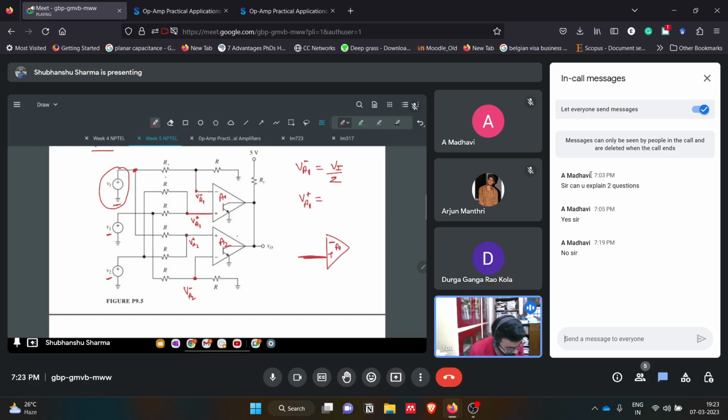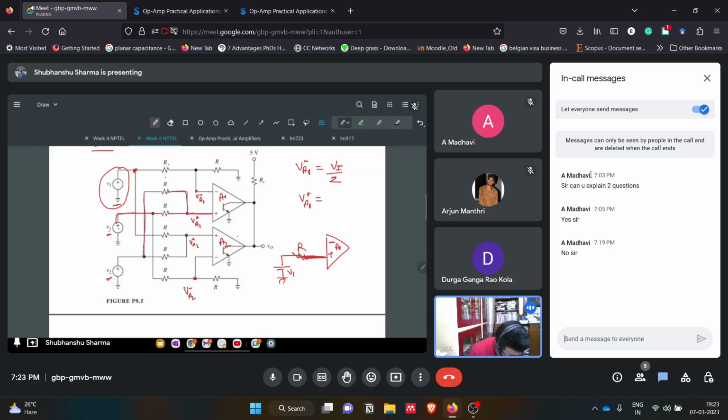Fine. So we have V1, which is attached here. V1 has one resistor R, then it is being fed to this one point. Another terminal is given from here. This is R, and this is being fed till here.